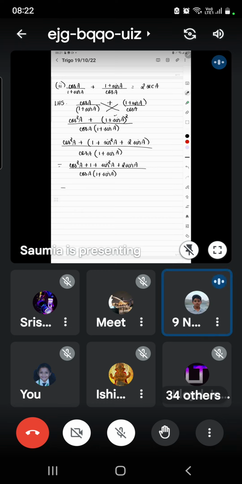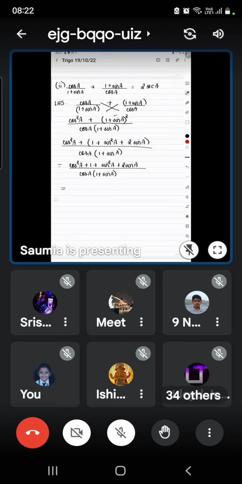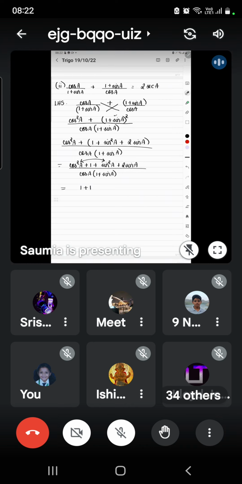Sin square theta plus cos square theta is equal to 1. Yeah, I have cos square theta plus sin square theta, which can be written as 1. And there is 1 already there. So my numerator became this. Why? Because I used the identity sin square A plus cos square A equal to 1.